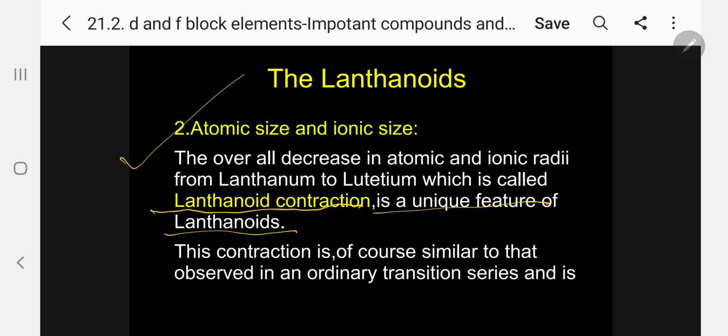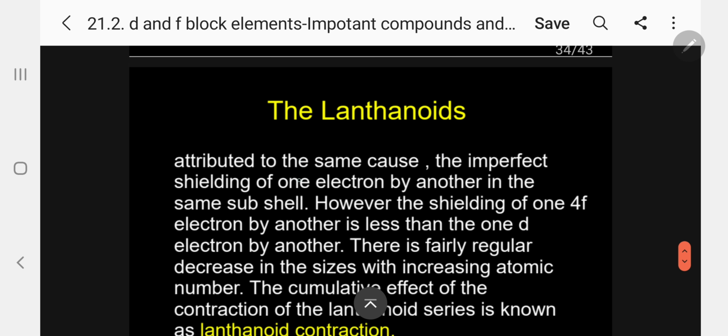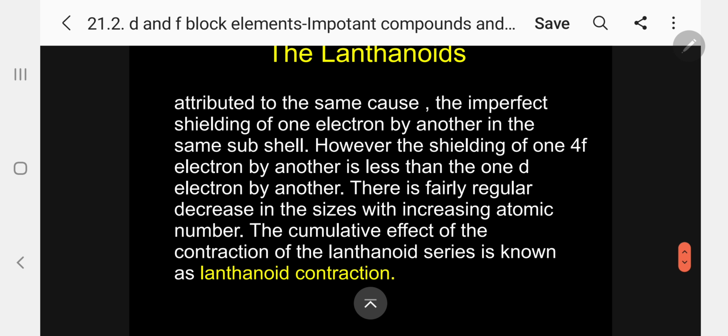This contraction is of course similar to that observed in the ordinary transition series and is attributed to the same cause, the imperfect shielding of one electron by another in the same subshell.